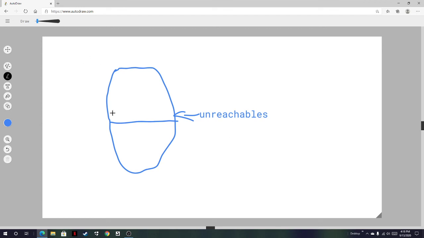And after unreachables you have things like hyper larges, hyper huge infinities like that, and then you get whole trees of infinities.